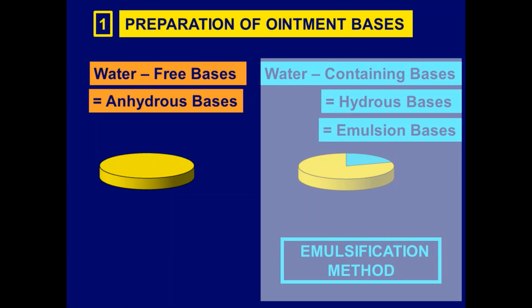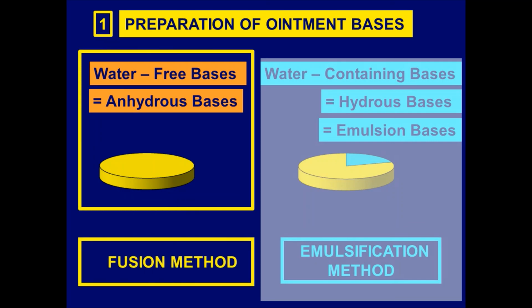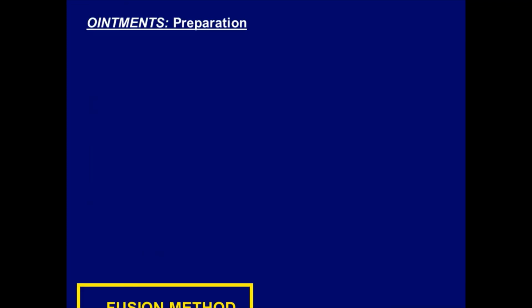But for water-free bases or anhydrous bases, we will use a method called fusion method. So fusion method is the method of preparation of water-free ointment bases or anhydrous ointment bases. What is fusion method?